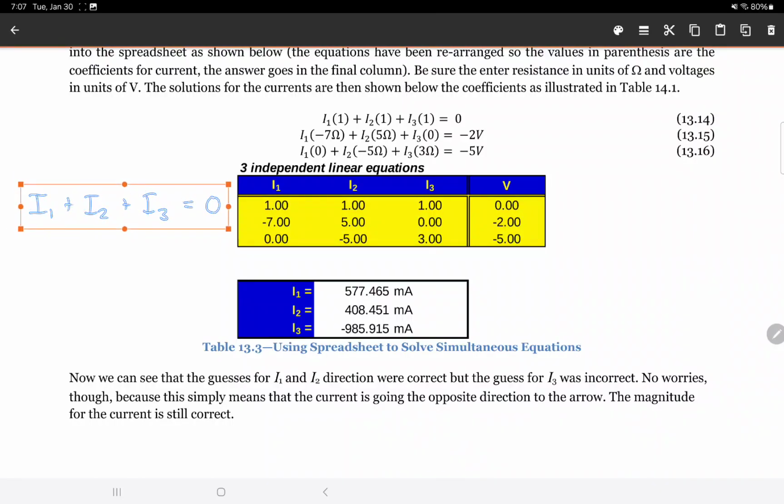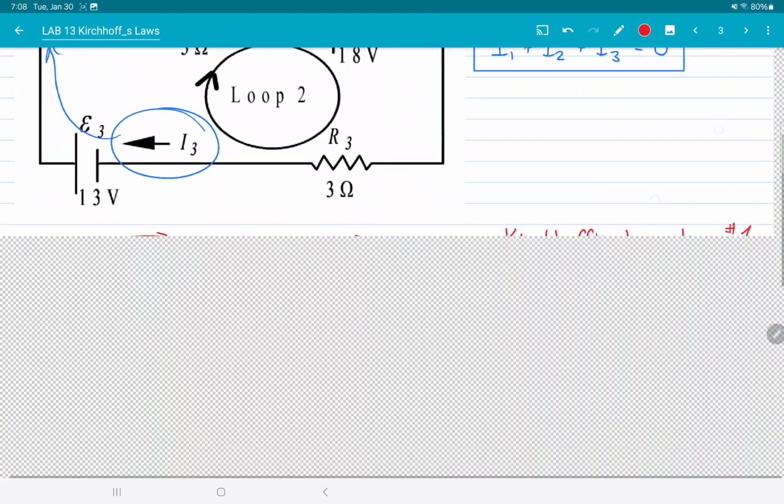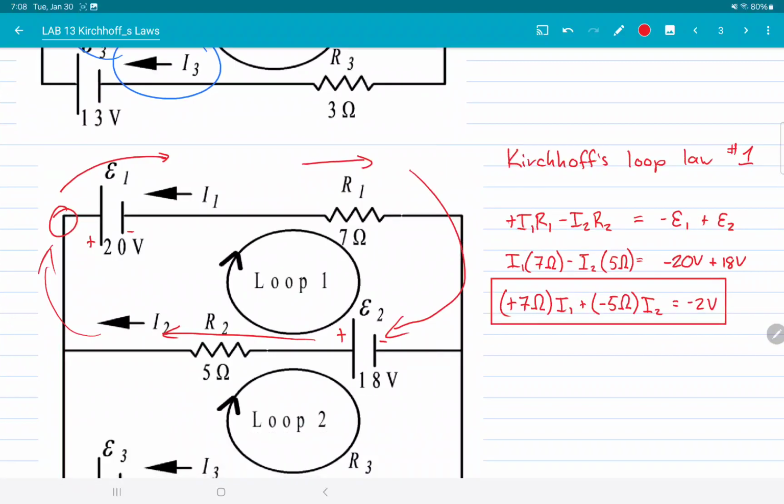Make it a little bit smaller. This is this equation. So we have a coefficient. We have one I1. We have one of the I2s. We have one of the I3s. The one, the one, the one. And 0 volts involved. It's just current in and current out. Looking at our second independent equation.